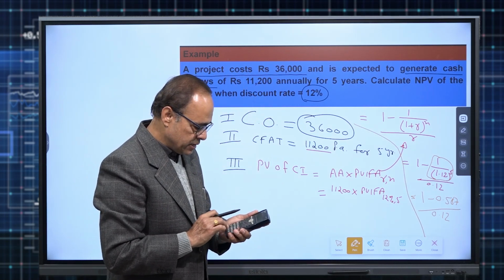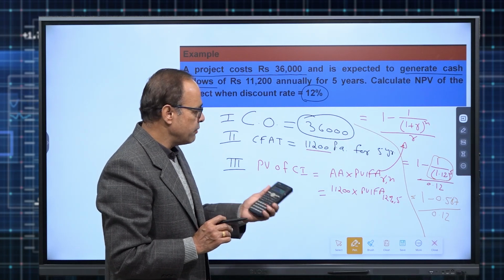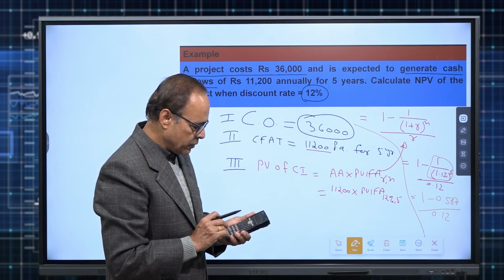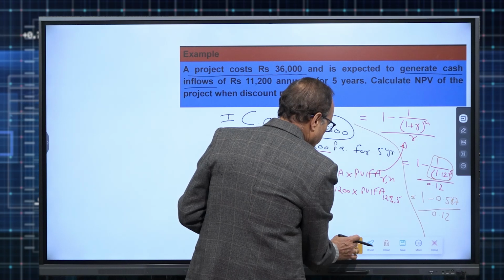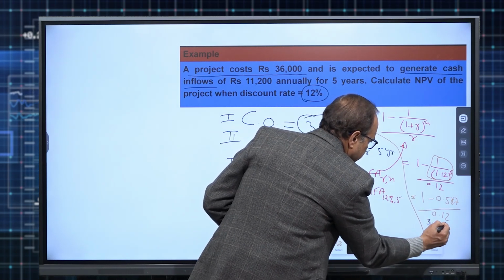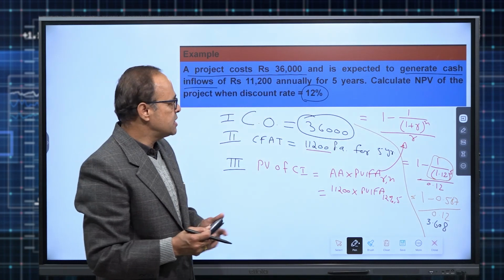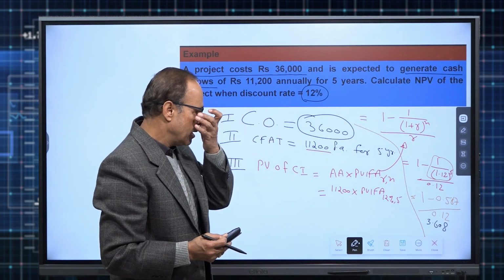So 1 minus 0.567, that is 0.433, will be divided by 0.12. 0.433 divided by 0.12, you get 3.608. So 3.608 is the present value of annuity of rupee 1 received continuously for 5 years at the rate of 12%.